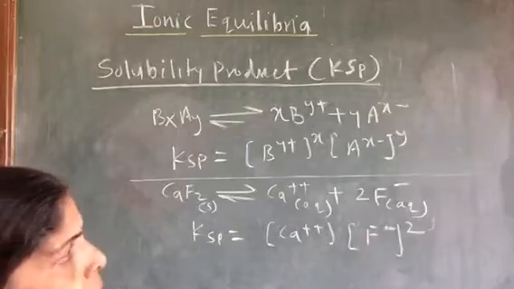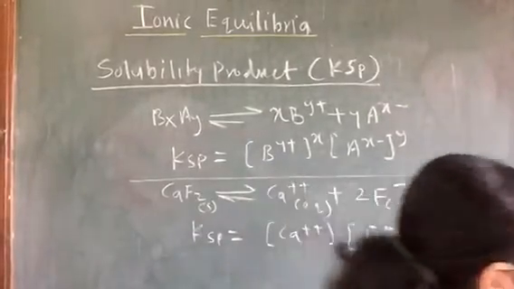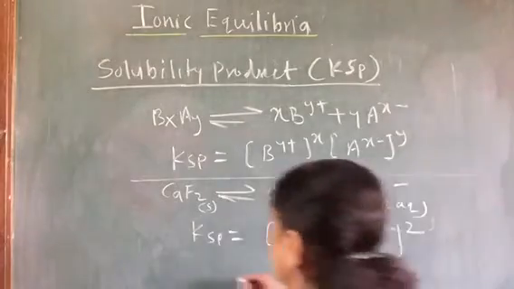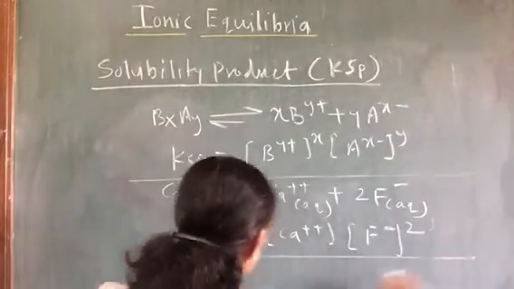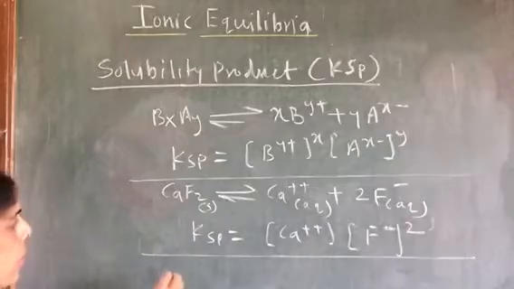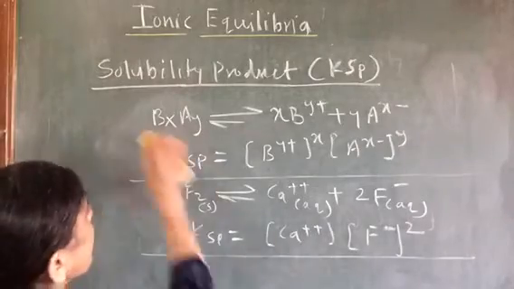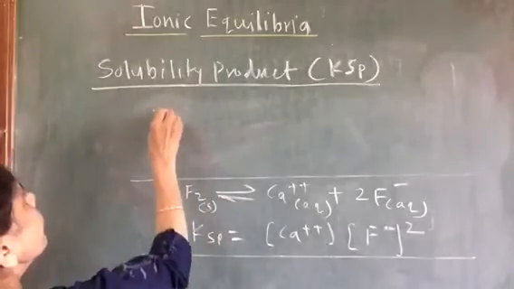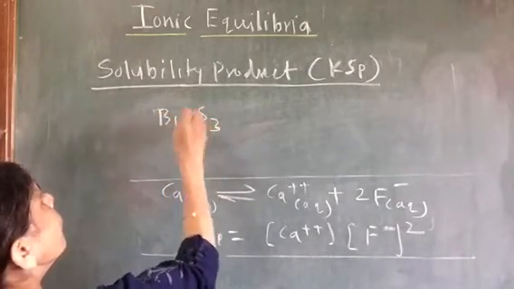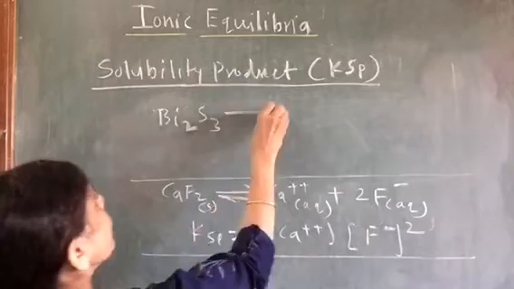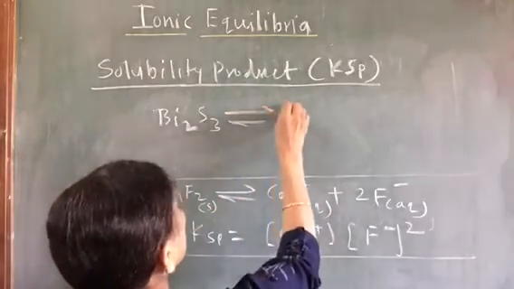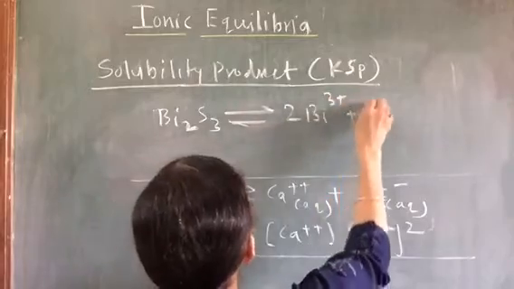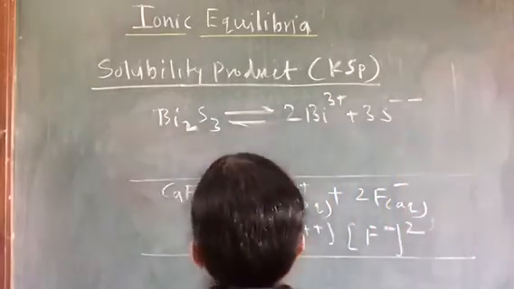Now, if you have a sparingly soluble salt like Bi2S3, the sulfide of bismuth, it will be in equilibrium with 2Bi3 plus and 3S2 minus.